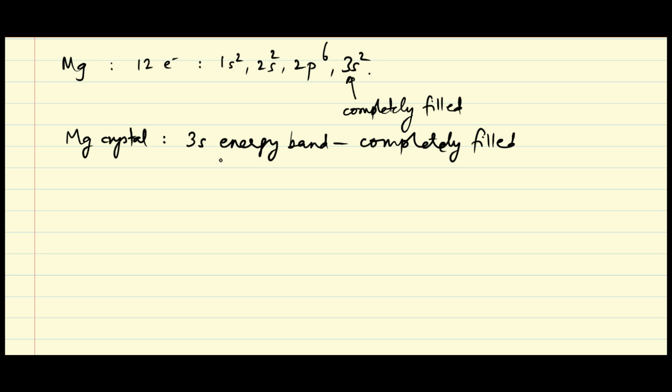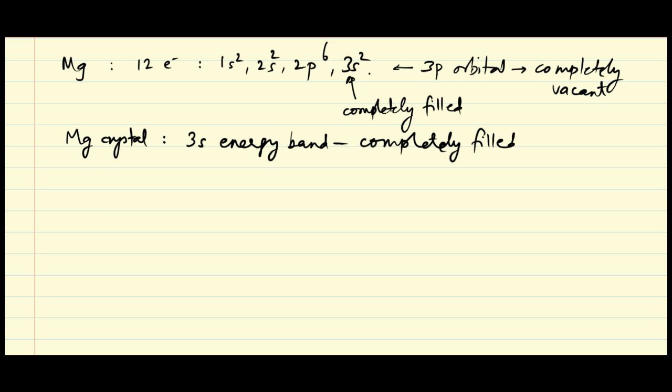So we now have to explain why, in spite of the apparently highest energy band in a magnesium crystal being completely filled, magnesium is a good conductor of electricity. The explanation lies in the fact that in a single magnesium atom the 3p orbital is completely vacant.